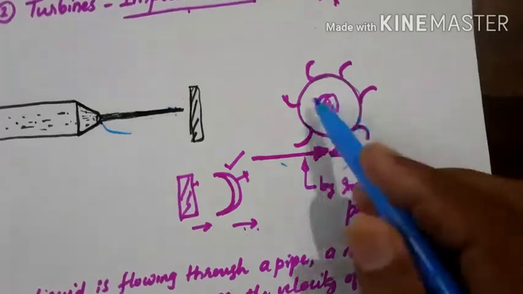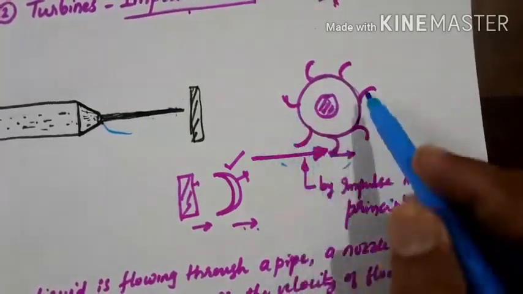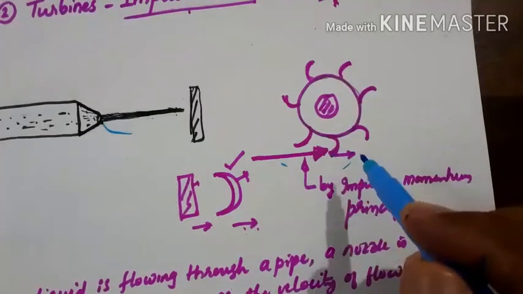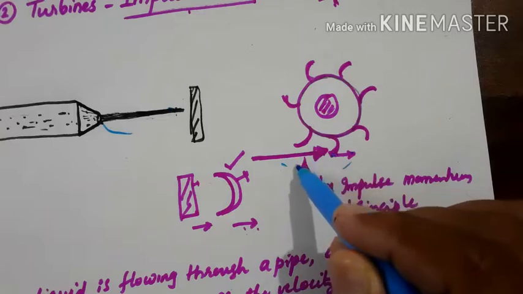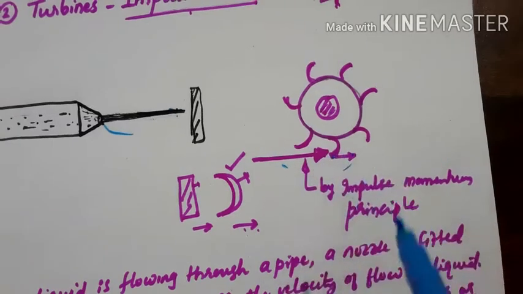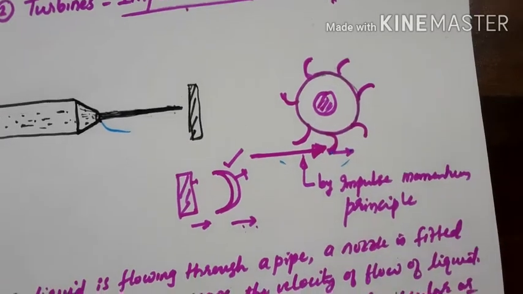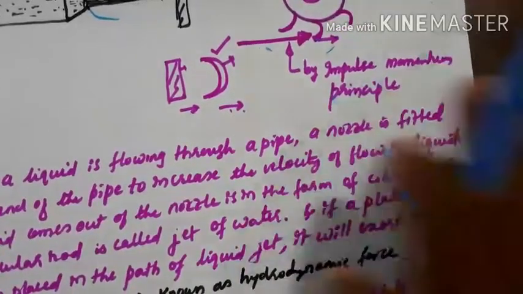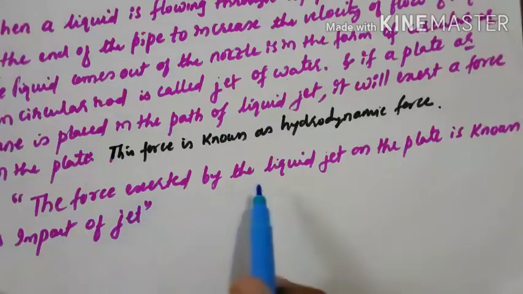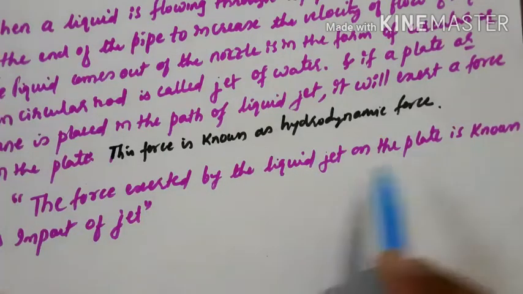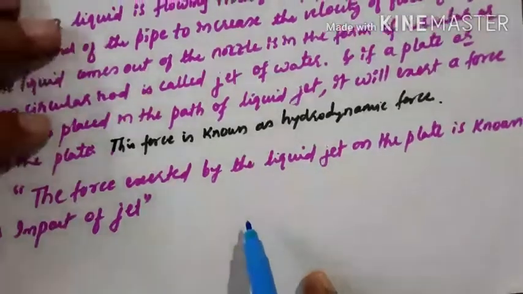So this is the concept of impact of jet, and the analysis of this hydrodynamic force is done using the impulse momentum principle, which we discussed in previous lectures. Again, the force exerted by the liquid jet on the plate is known as impact of jet.